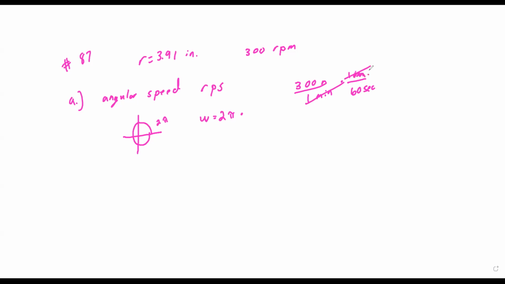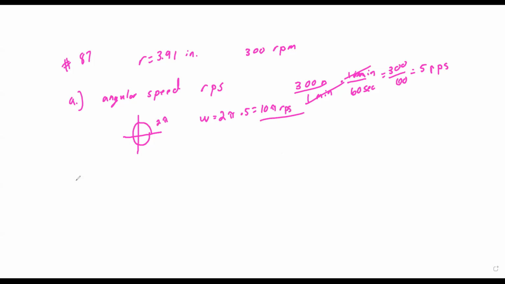What I'm really doing here is 300 divided by 60 to determine how many rotations per second there are. When we do that, we get 5 rotations per second. So to finish out this angular speed, if I go around a circle in 2 pi and I can do it 5 times, then my angular speed would be 10 pi radians per second.